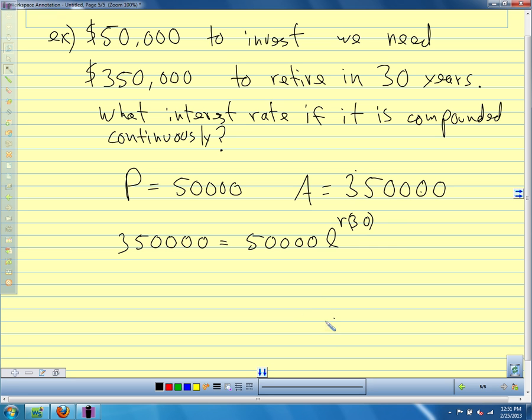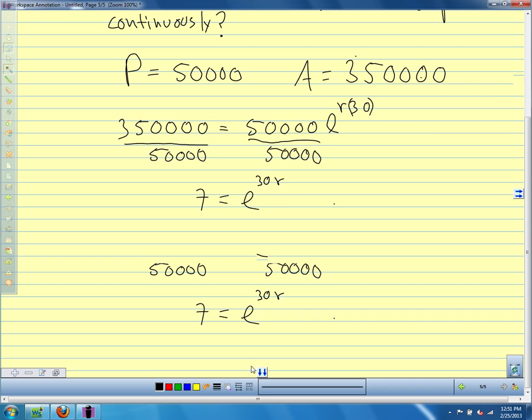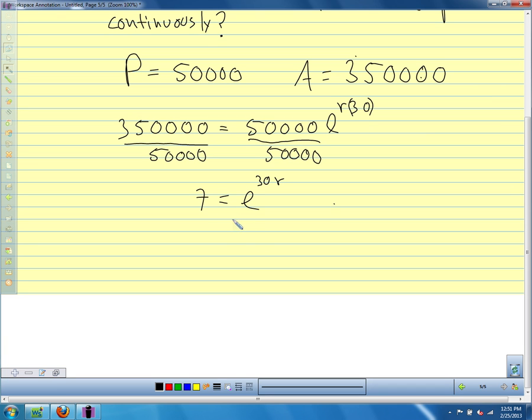So I'm just plugging that into our continuously compounded interest formula. I'm going to divide both sides by 50,000. I want to get this exponential function by itself. So I get 7 equals e to the 30r. And what do I do here to solve this?